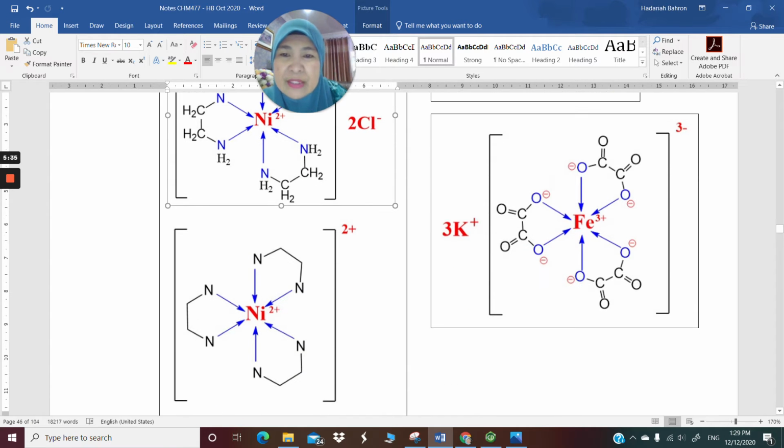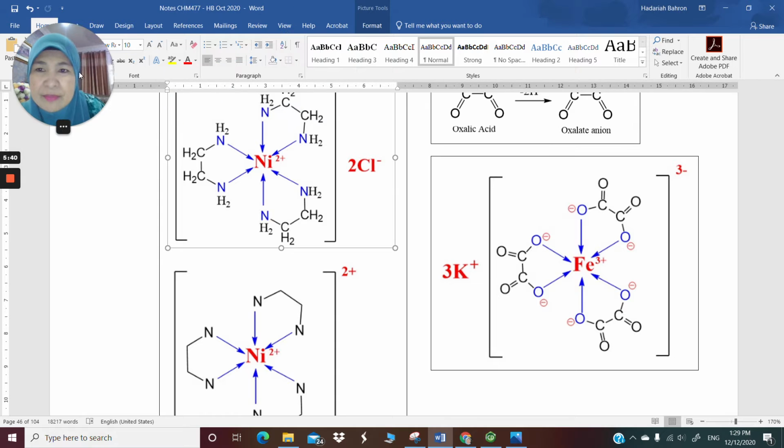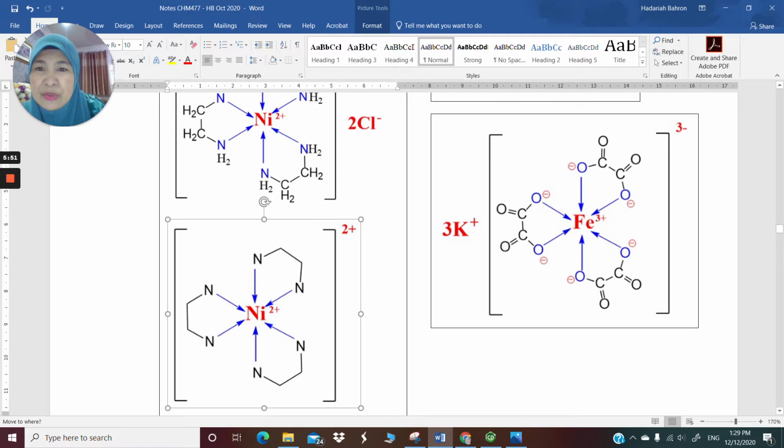Sometimes, to simplify the drawing, chemists just do this, making the drawing very clean, not too many atoms cluttering it. By the way, these diagrams are not in the notes that I gave you. I've just added the diagrams, so please draw them yourself.